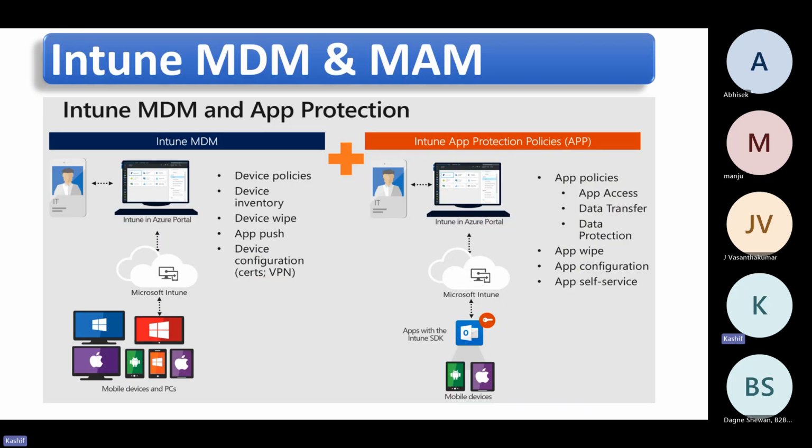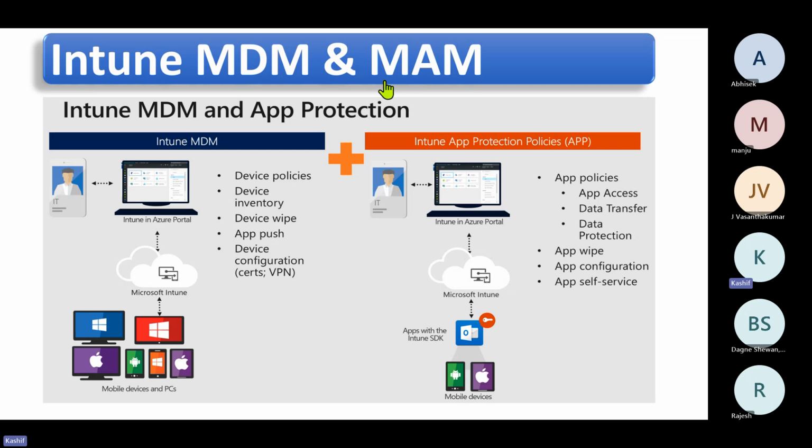Let me take you to the next slide, which talks about this product, and that is Microsoft Intune. Intune is a Microsoft product. As you all know, Microsoft developed this product and released it in the market in the year 2010.